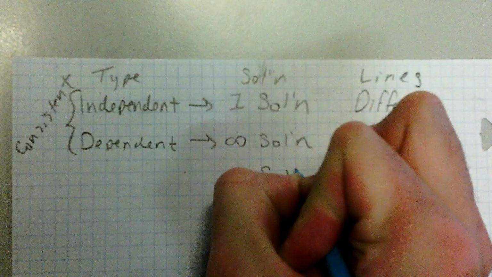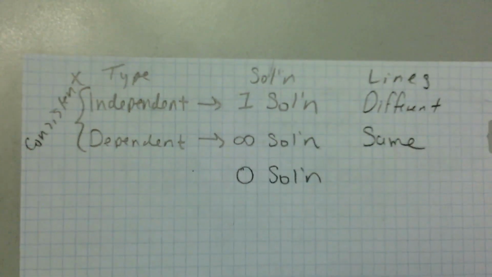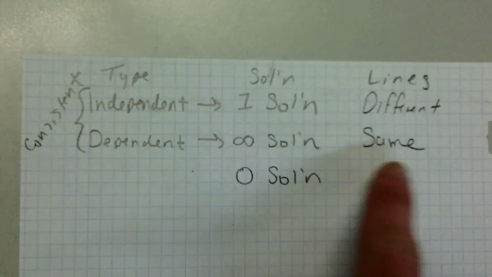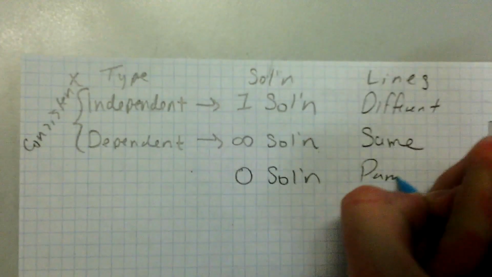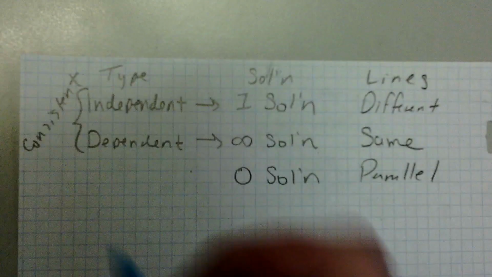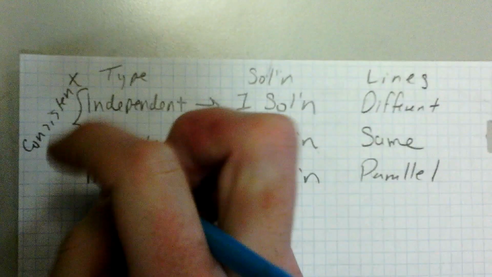What type of scenario would it be if there are zero solutions? What type of line would it be? Yeah. Because those lines never touch. These are called inconsistent systems.